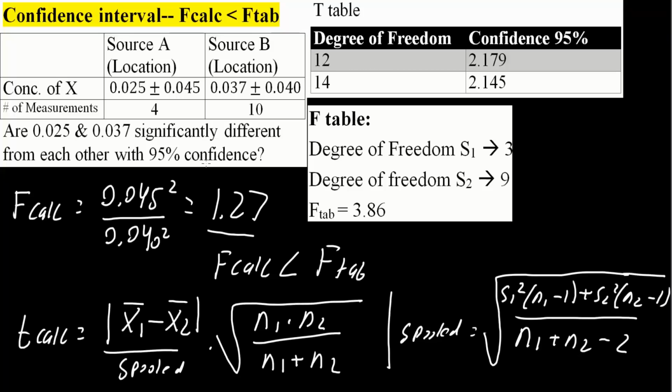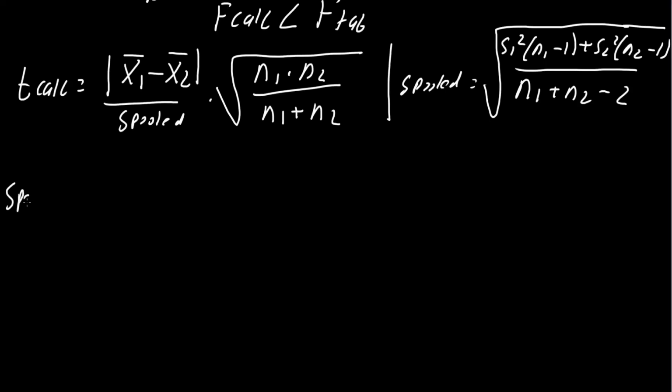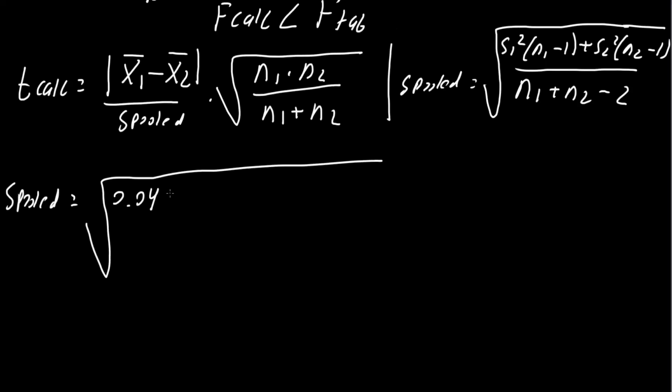Now we will solve for spooled and then Tcalc. Spooled is equal to the square root of standard deviation 1 squared, so we have 0.045 squared times (n1, which is 4, minus 1), plus standard deviation 2, which is 0.040 squared, times (n2, which is 10, minus 1).